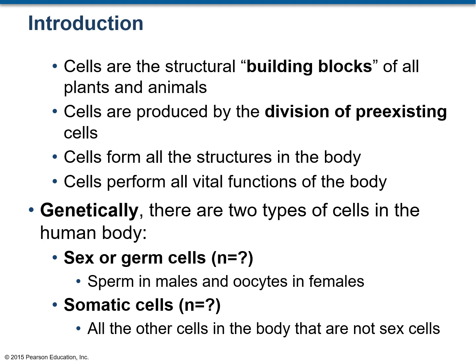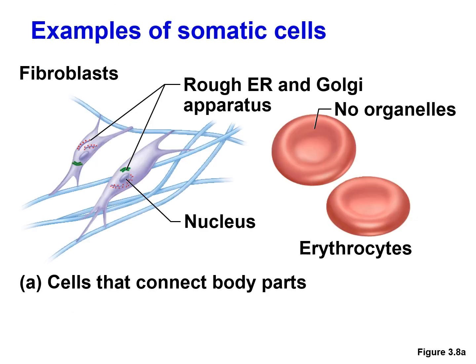The number of chromosomes in the sex or germ cells is always half the number of the somatic chromosomes. So it is only 23 in the sex cells. So 23 pairs in somatic cells and 23 in sex cells. The subsequent slides show you figures that give examples of somatic and sex cells.